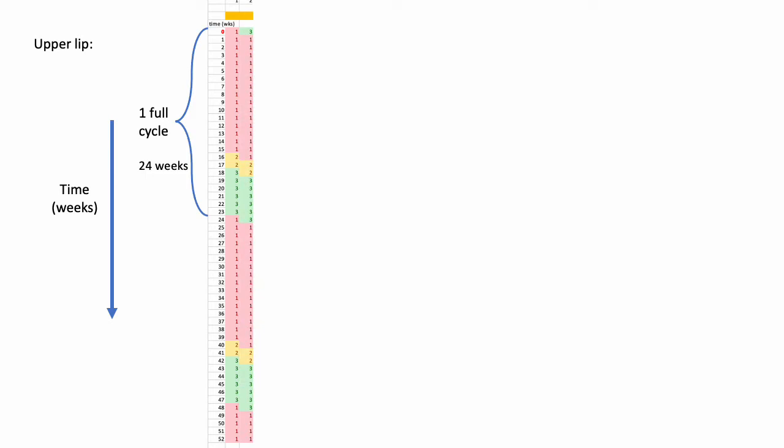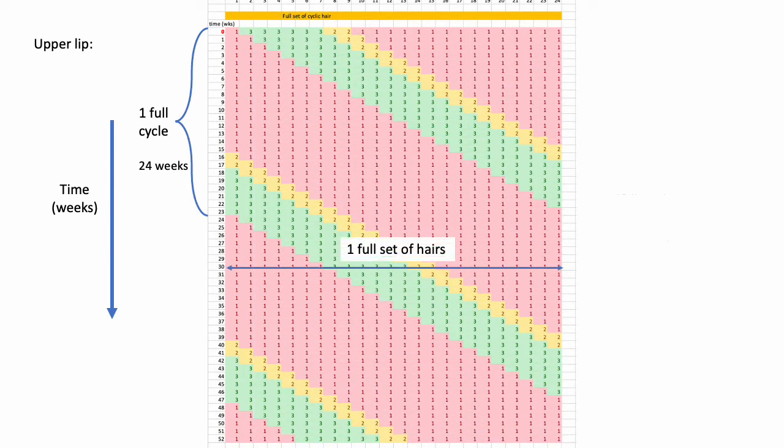When you extend that across to other hairs, what I did here was I pushed the next follicle, so to speak, 1 week back. So it's 1 week out of kilter with the first follicle. And when you extend that, you get a design like this.